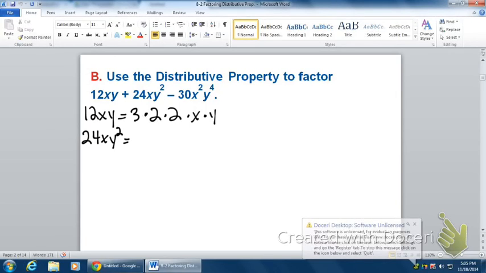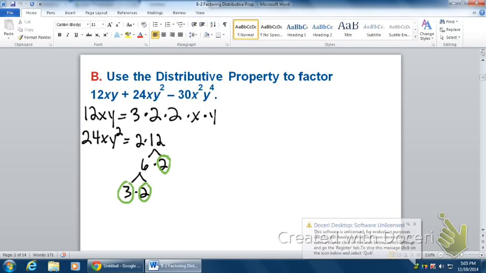Now, we can do this one as 2 times 12. Let's factor out our 12 again. We have 6 times 2. Now we need to factor out that 6 again to 3 times 2. So the numbers that we need to have in our factored form are 3, 2, and another 2.